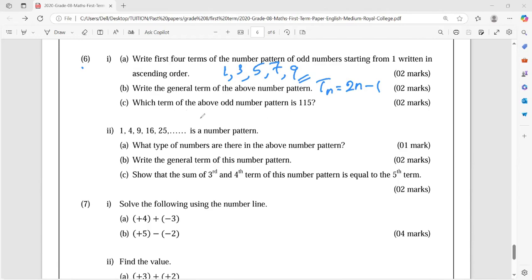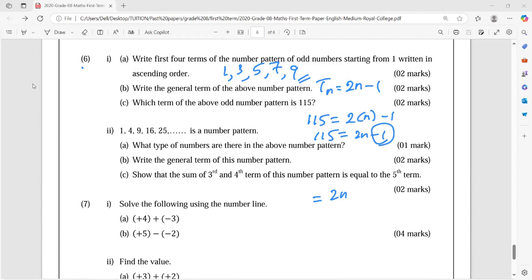Right. So, which term of the above odd number pattern is 115? For that, you have to take 115 equal to 2n minus 1. So you get 115 equals 2n minus 1. Then 2n must be equal to 115 plus 1, because we need to eliminate this minus 1.